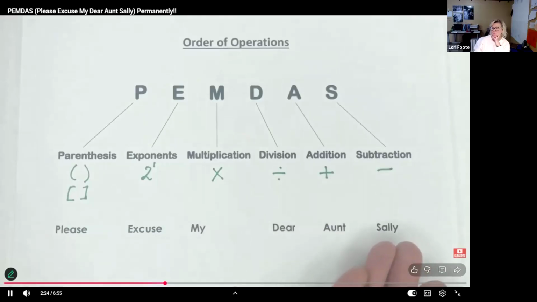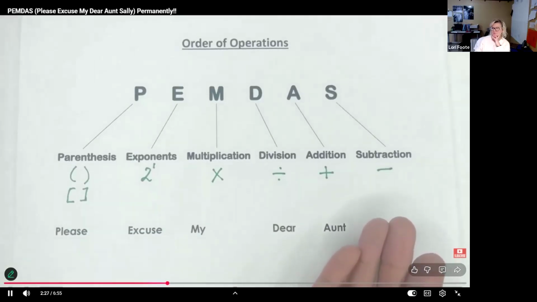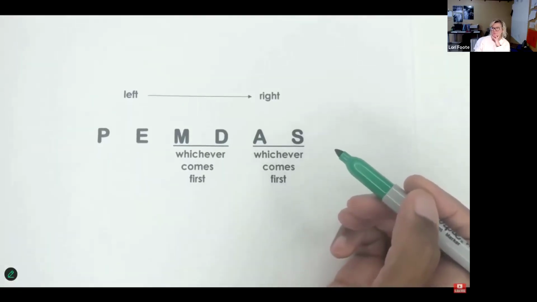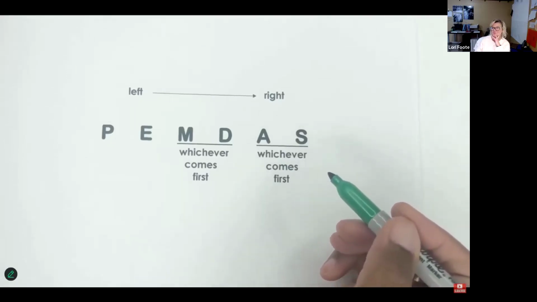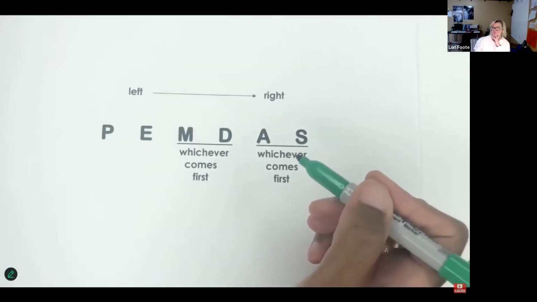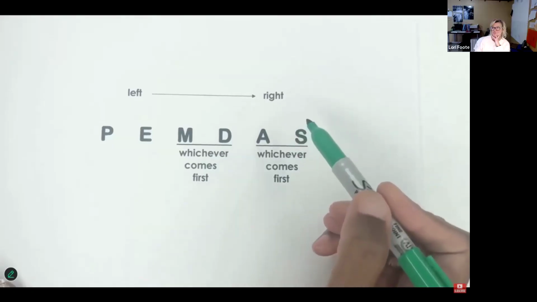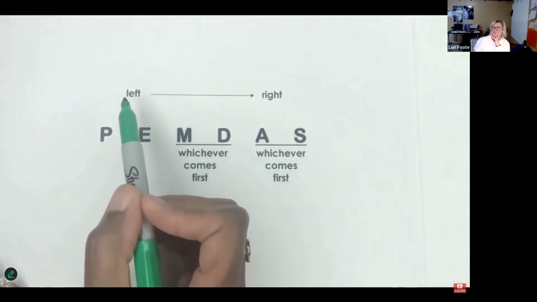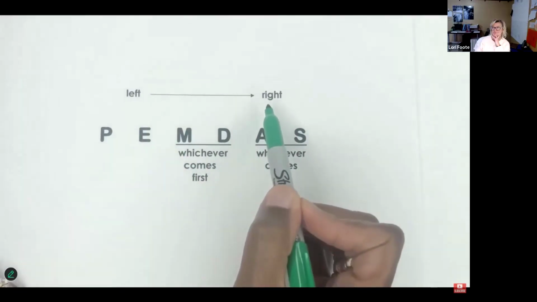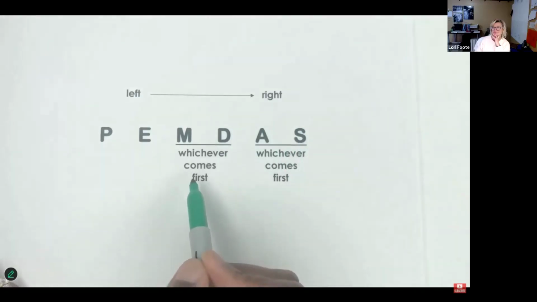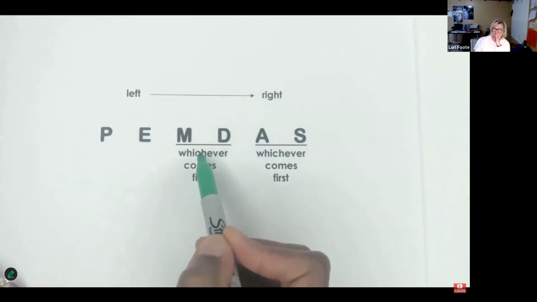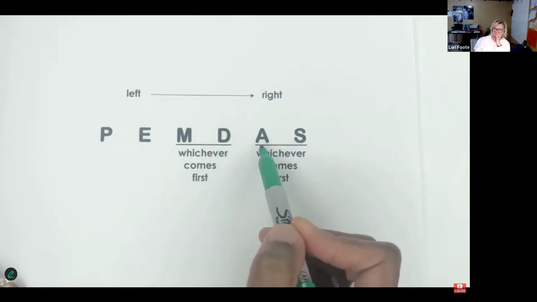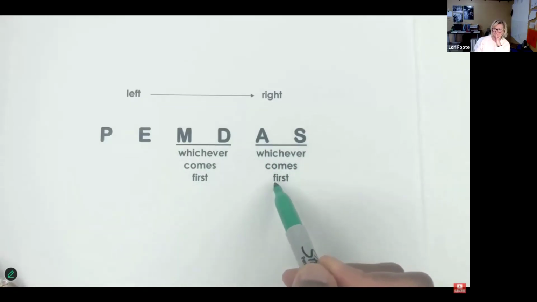But that is definitely not the case. The acronym, please excuse my dear Aunt Sally, it doesn't help. And you can hear the frustration in my voice. It doesn't help the students because when I'm teaching it, I always have to say to my students that you have to go from left to right. That's the first part. And then it's whichever comes first. Multiplication and division, whichever comes first. Addition or subtraction, whichever comes first.